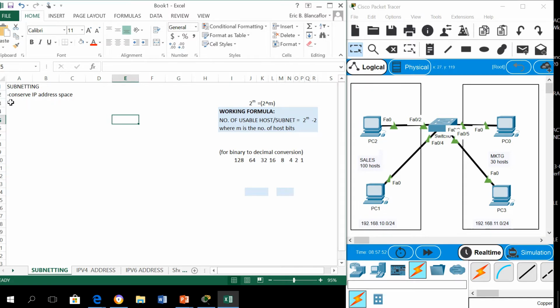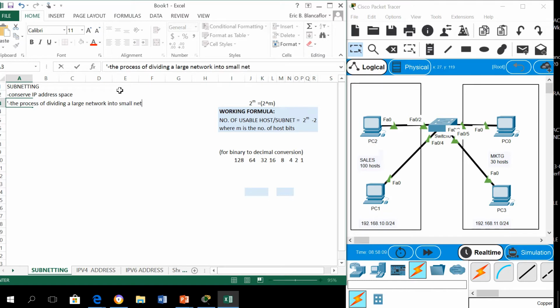Again, subnetting is the process of dividing a large network into small networks known as subnets.